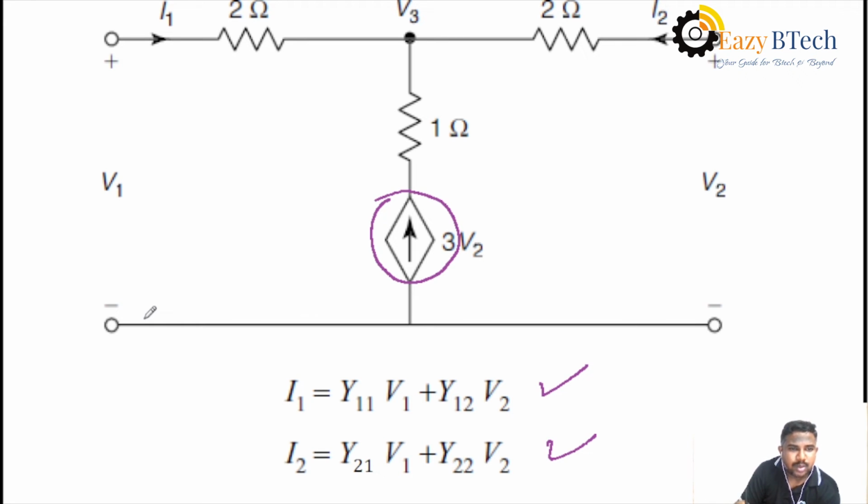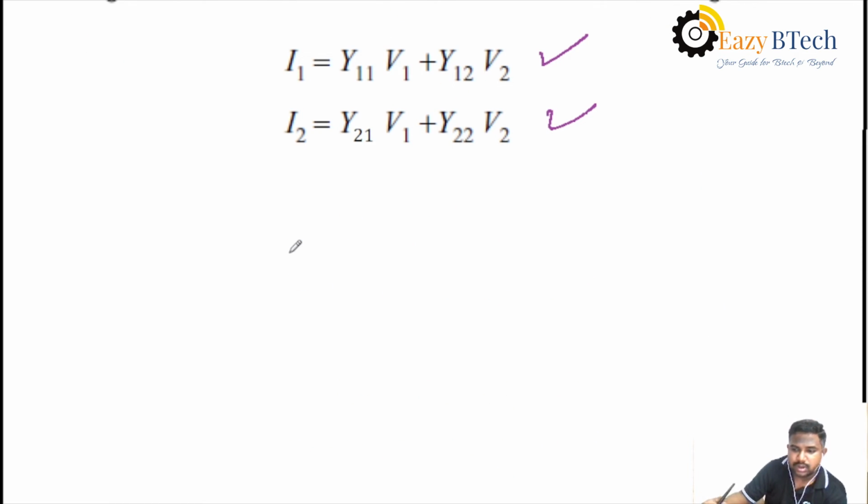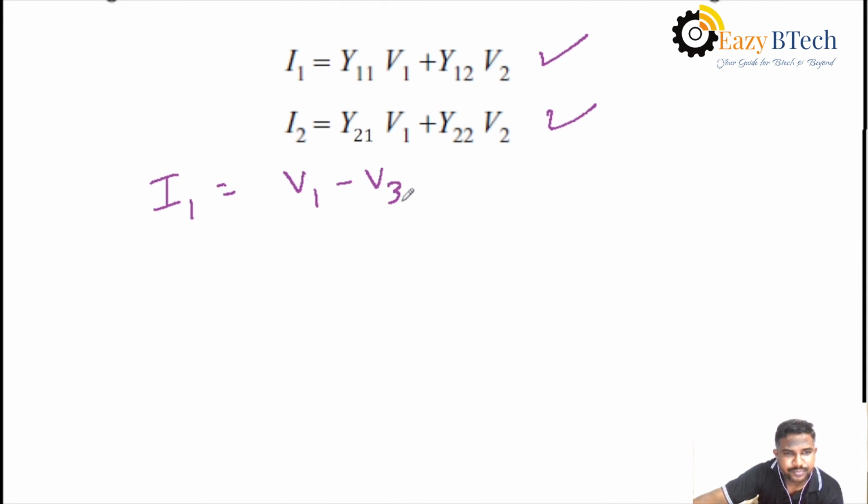Then observe from the circuit. This is the I1 here leaving from the node. At this node, what is the node voltage here? This is the V1 node voltage. And similarly, this is the V2 node voltage. Then from that node, we have to find out first of all the I1 and I2 currents. What is I1? That is leaving from V1 and entering into the V3 node. Consider the middle node as V3.